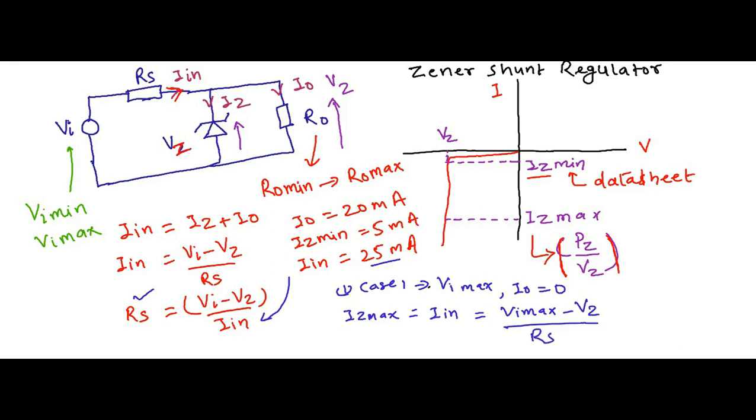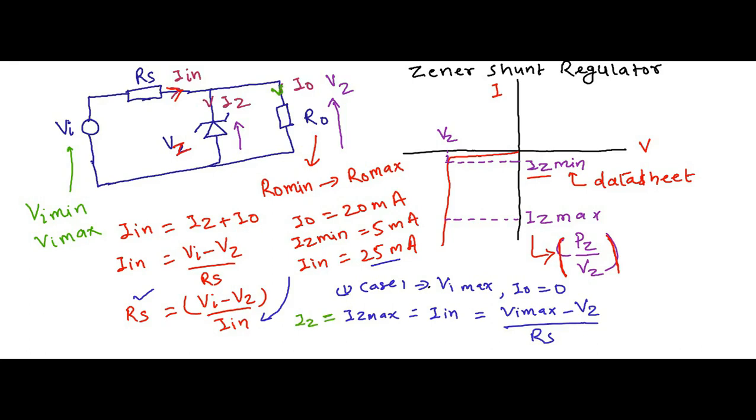What is the takeaway from this equation? It says that when your load is open circuit, there is no current flowing through your load resistance. I naught equals 0 here, and if I naught equals 0, your Zener current IZ is going to be IZ max.